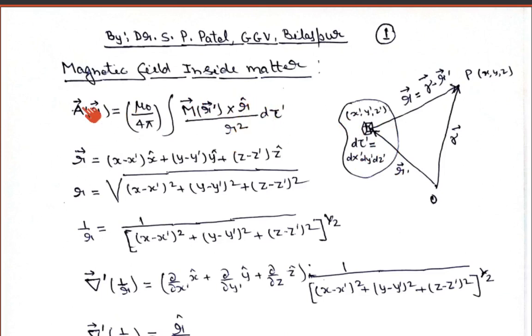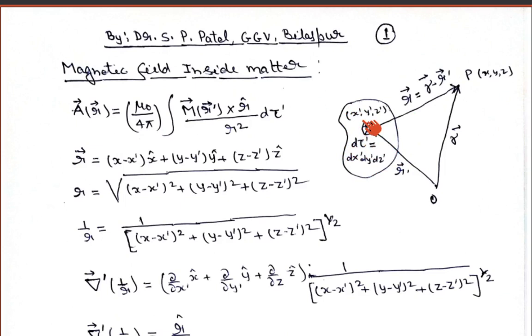So this is again the magnetic vector potential due to a magnetized object having infinitesimal volume dx prime, dy prime, dz prime at point P. Okay, and if we integrate this vector potential, that will give the total vector potential of this magnetized object. That is why I have integrated it. So this is the magnetic vector potential due to this whole magnetized object at point P due to the magnetization of this object.